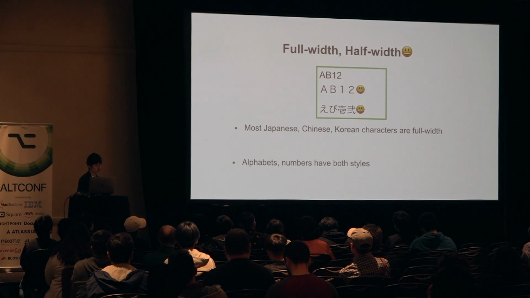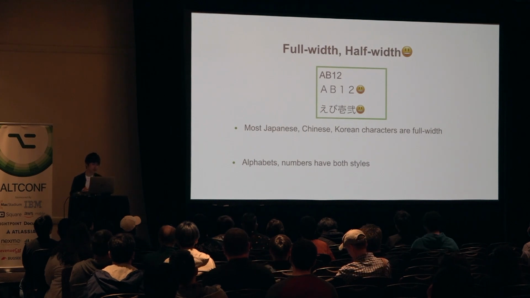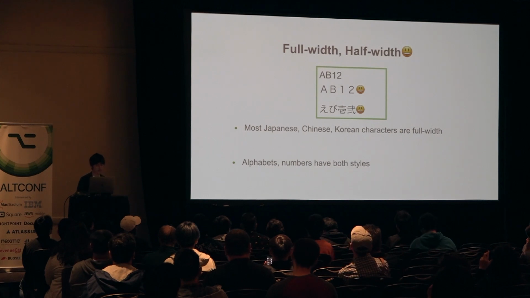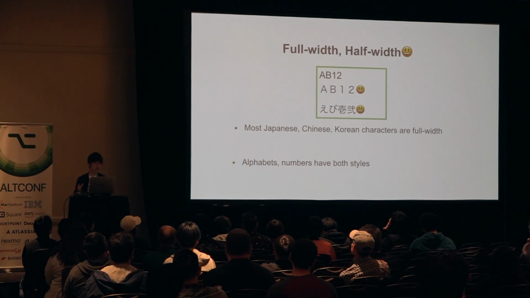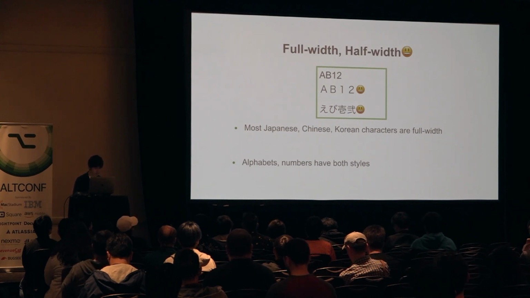Alphabets and even spaces have both styles in those countries. The characters in the box have the same font, but the top one is half width and the others are full width. Since full width characters have almost double the width, Japanese is likely to be longer than English, even though the character count is the same.